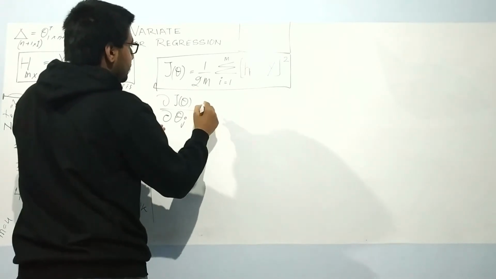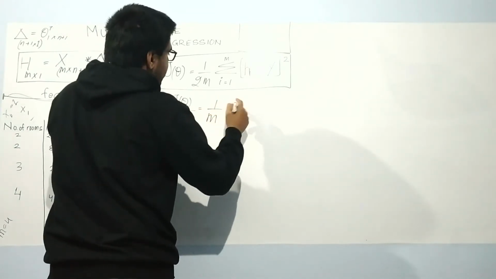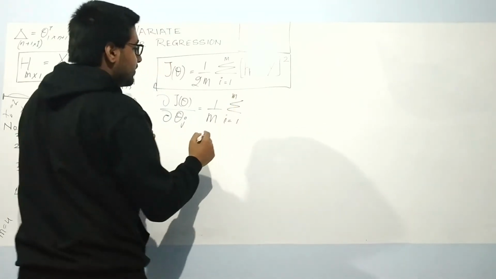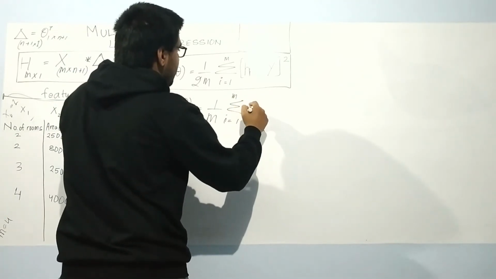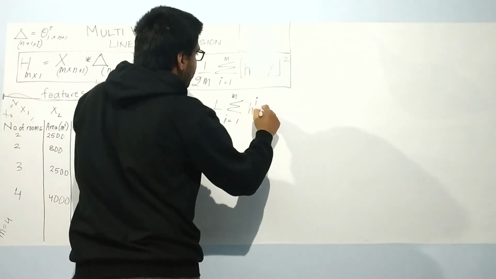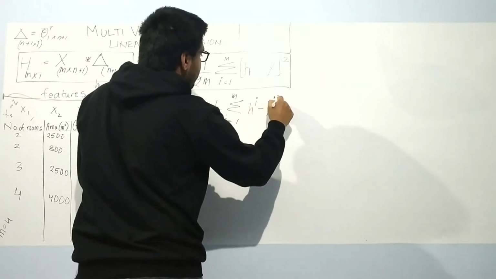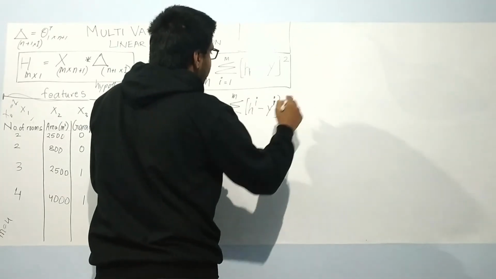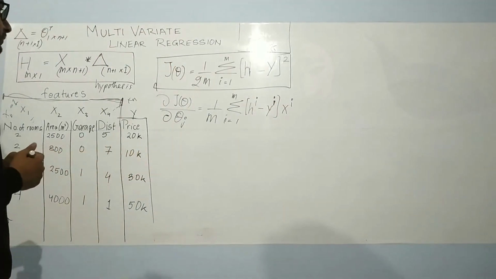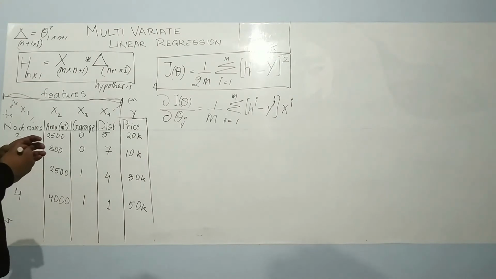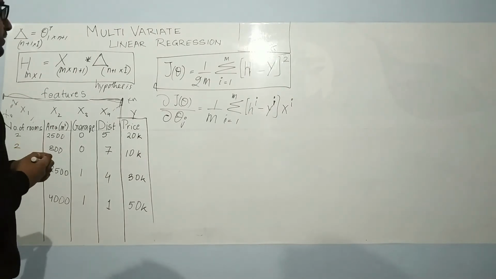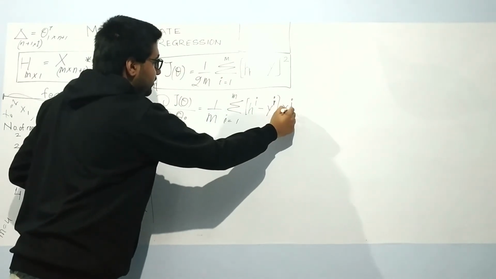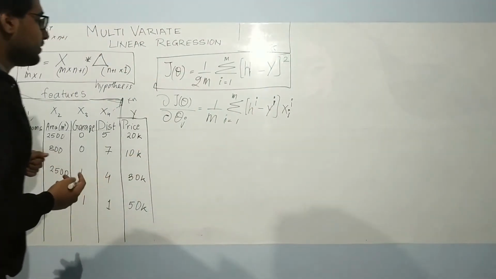That would be equal to 1 by m again, summation of i equals 1 to m, h of i minus y of i multiplied with x of i. Again, there will be a j here, obviously.